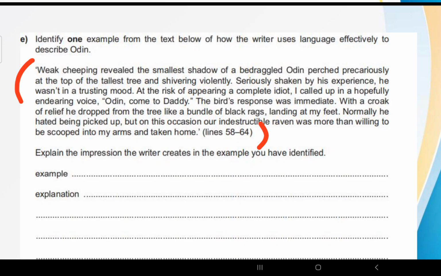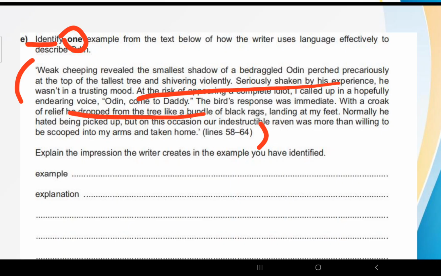First thing is one example. Then second thing is identify. If you remember yesterday in the comprehension task, I told you that identification means copying. Identification means, okay, let me show you. There it is, or here it is.